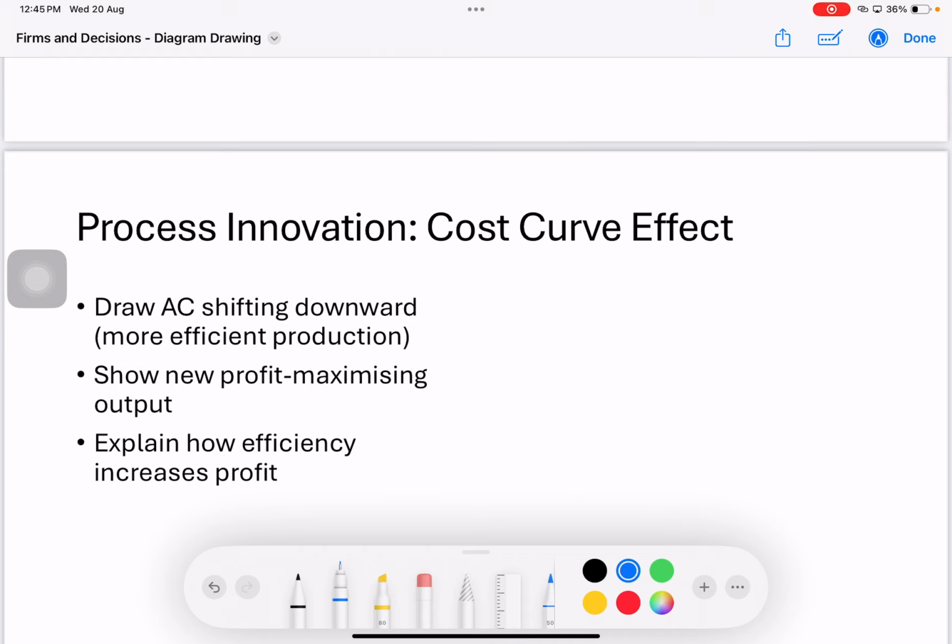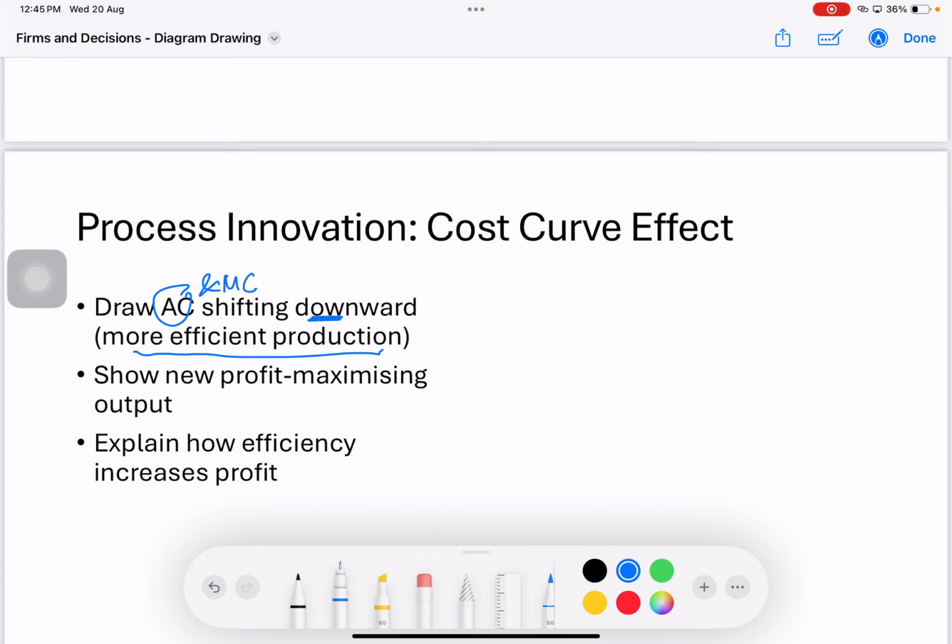If during exam you go and write product innovation, it is to reduce cost, you just have to laugh at your own answer. Okay? Then process innovation is the cost of production, and you make it more efficient. Therefore, you have to explain this, and therefore how it shifts this and MC downwards.